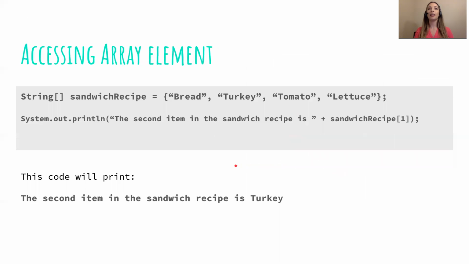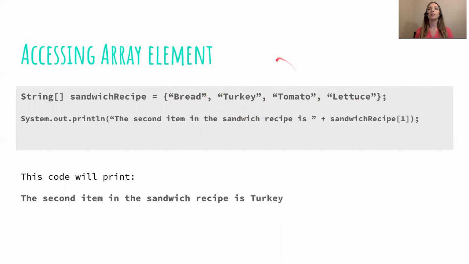Now we can access these array elements the same way, so we can assign them and we can also retrieve what we put in there. So for example, if we have this string array, we call it sandwich recipe, and we have all of these recipe items within here. We have bread, we have turkey, we have tomato, and we have lettuce. The first one is bread, but this is actually indexed with 0.